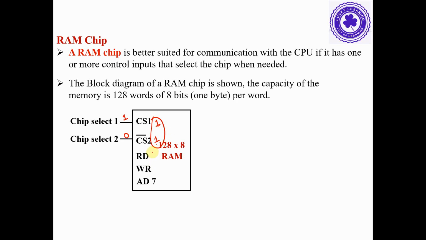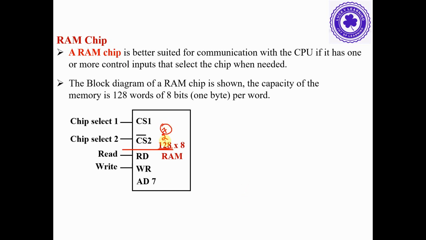Correct? And we have a read control signal and a write control signal. Because it is a 128 words RAM, each word is going to be addressed. To address each word, how many bits are needed? 7 bits are needed.